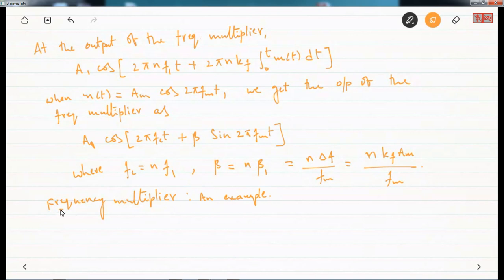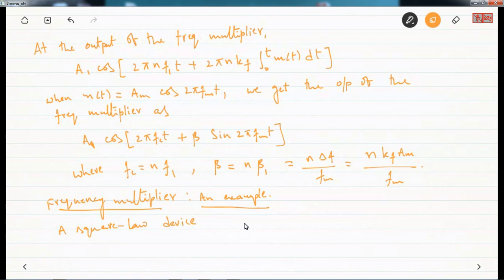An example of a frequency multiplier is simply a square law device, which will multiply the frequency by 2. So consider a square law device. What do I mean by a square law device?